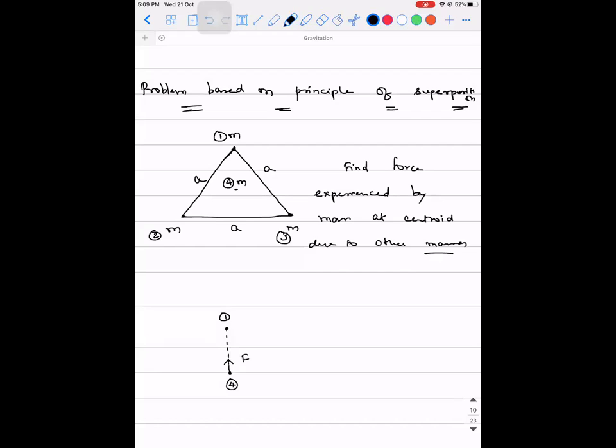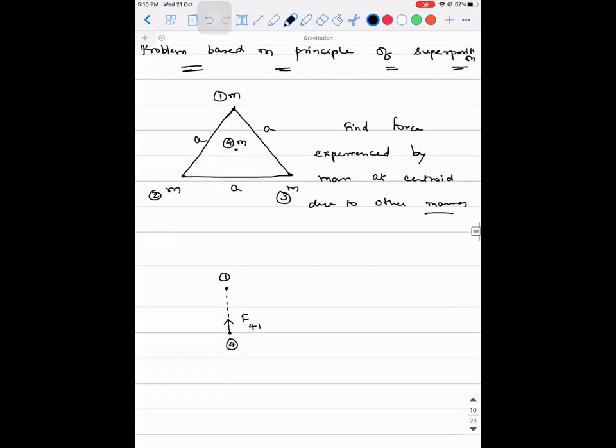F. I've given a naming structure yesterday. F41. So the force experienced by the fourth particle due to the first particle. Similarly, due to the particle at 2, in which direction will it experience? F43.